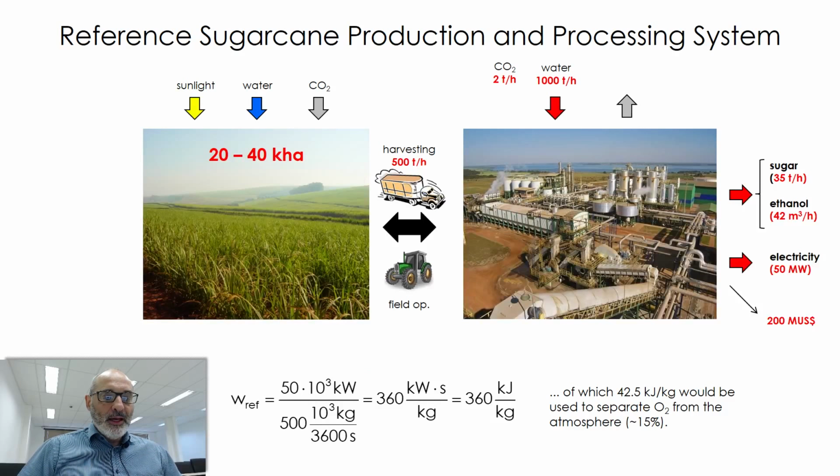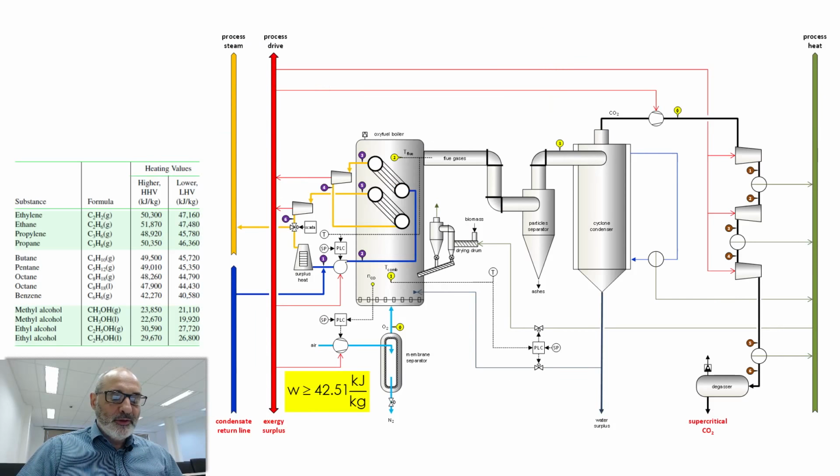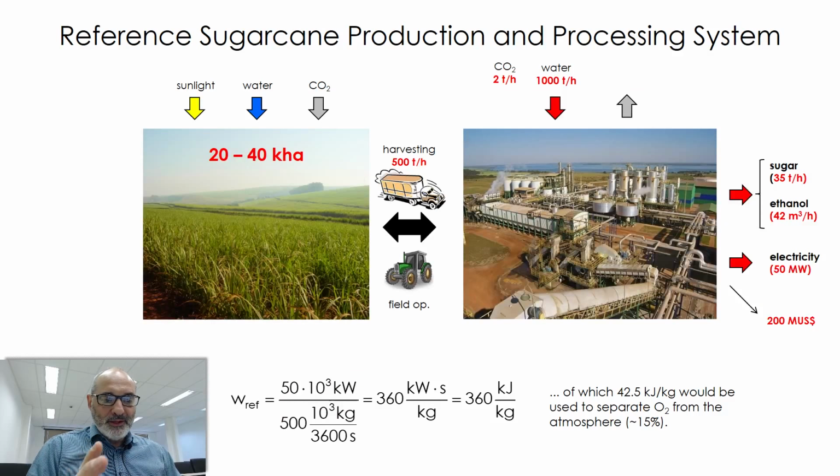Let me move on. This is our reference sugarcane production process, just to use these numbers, 42.51, in this overall analysis. I'm sure you remember this slide, what I call a reference sugarcane processing plant. These are actual numbers.